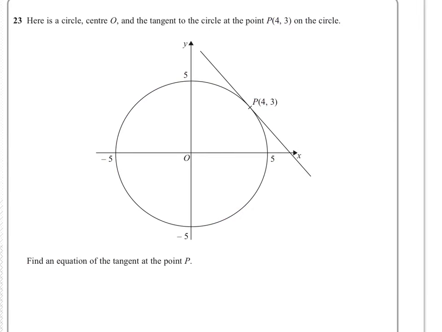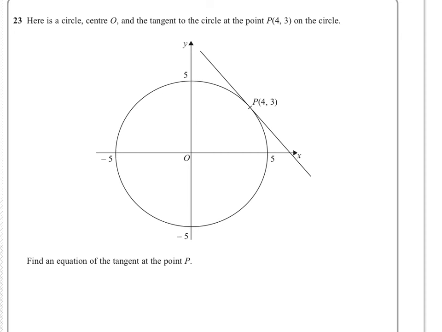Question 23. Here is a circle, centre O, and the tangent to the circle at the point 4, 3 on the circle. It says find an equation of the tangent at the point P. Well, I wouldn't worry too much about these.